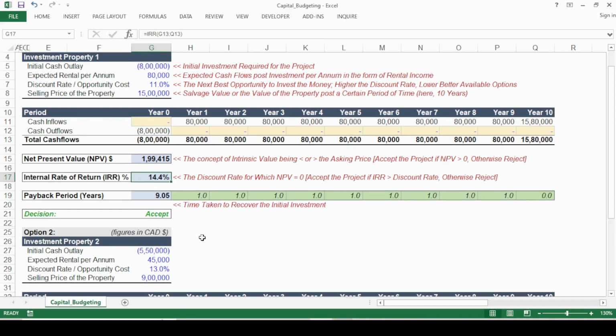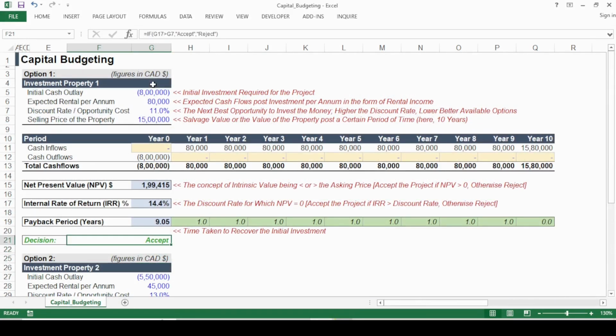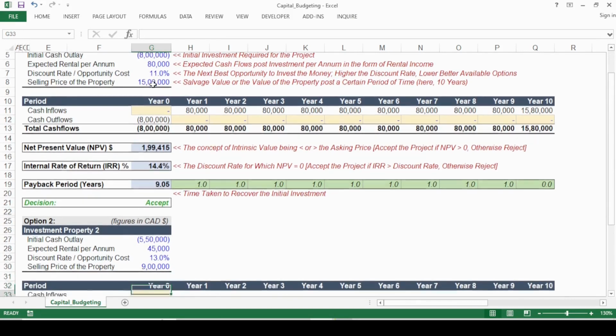And on the basis of internal rate of return, we can say if the internal rate of return is greater than the discount rate, which is this 11%, in that case we can accept, otherwise reject the project. Now let's move on to the second project and see how the numbers fit in here.